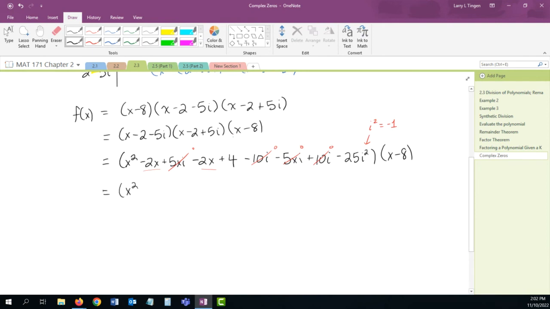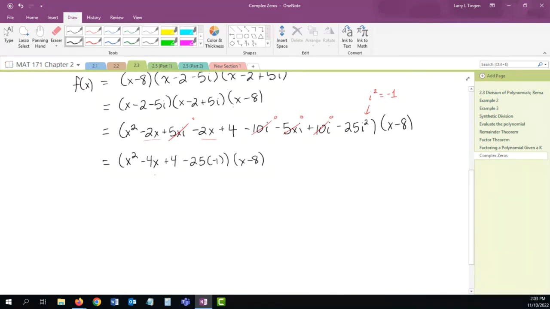Yep. x squared, negative 2x minus 2 more, minus 4x. 5xi goes away, 10i and negative 10i goes away. And then I'm just left with negative 4x plus 4 minus 25 times negative 1. What's going to happen when I multiply 25 times negative 1? I'm going to get plus 25. So minus 4x, and then 4 plus 25, 29.